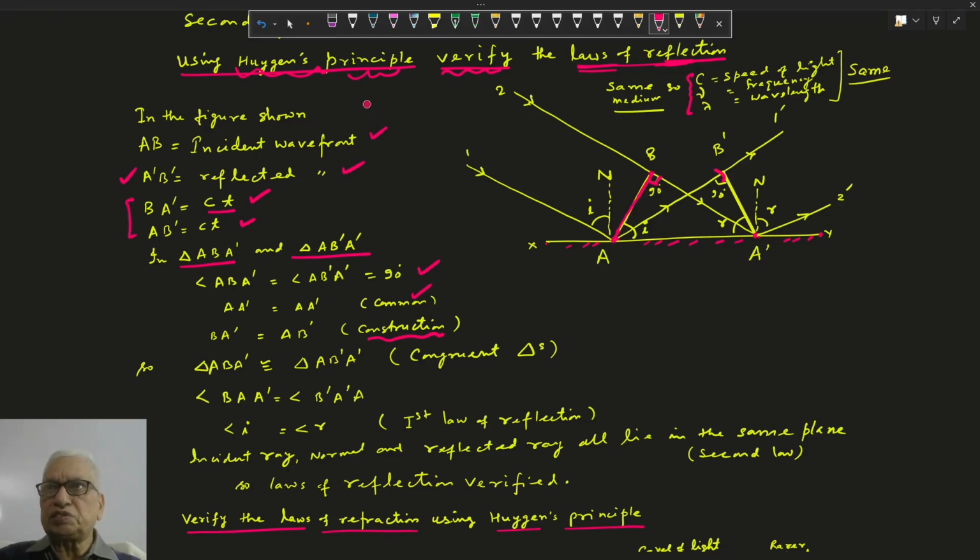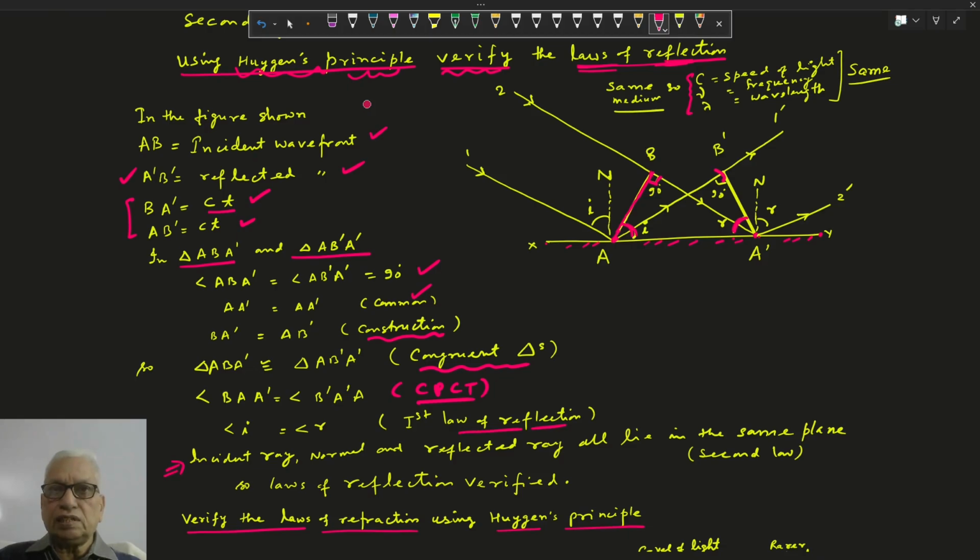So these two triangles ABA dash and AB dash A dash are congruent triangles, and angles BA dash A and B dash A dash A are equal by CPCT, congruent parts of congruent triangles. So this angle is i, this angle is r. This is the first law of reflection.